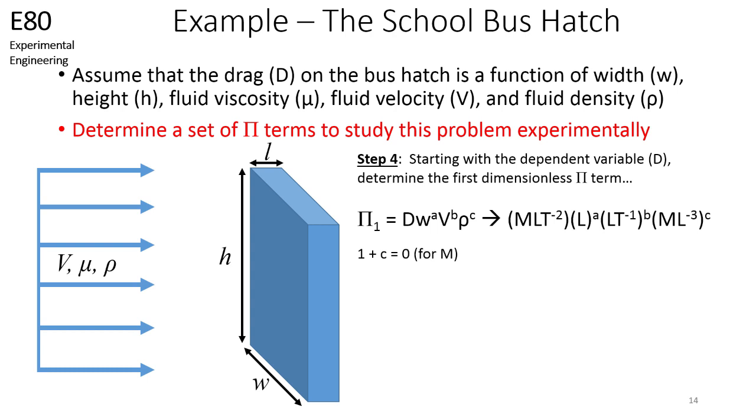Now let's focus on the second repeating variable, L. The sum of its exponents is shown here. Doing the same for t, we get this. Now that we have these 3 equations, we need to determine values for a, b, and c that make all 3 equations true. Thus, c would have to be -1, and b would have to be -2.